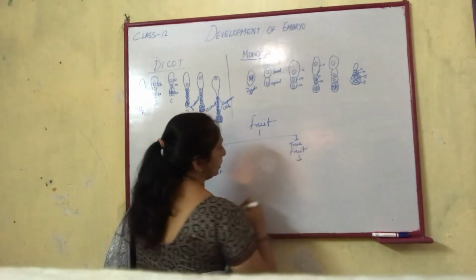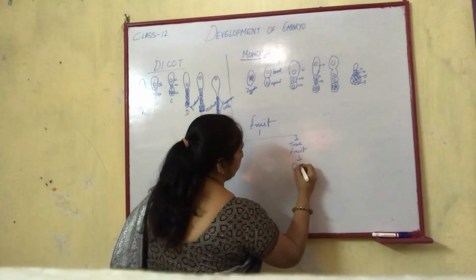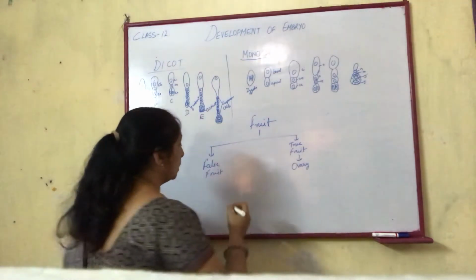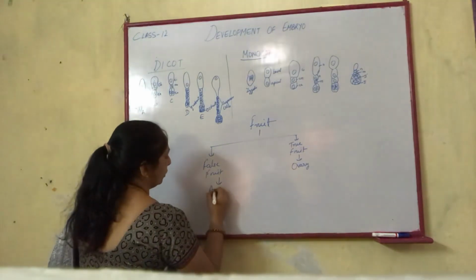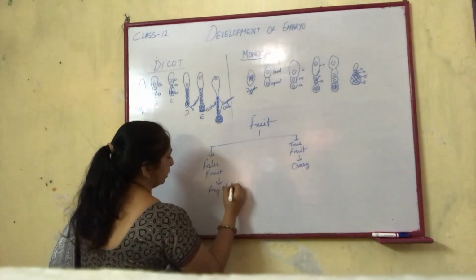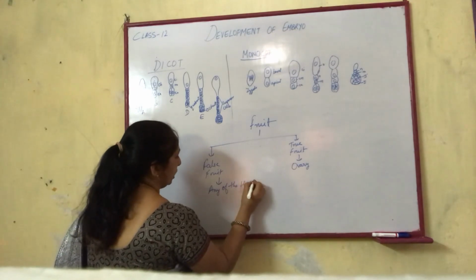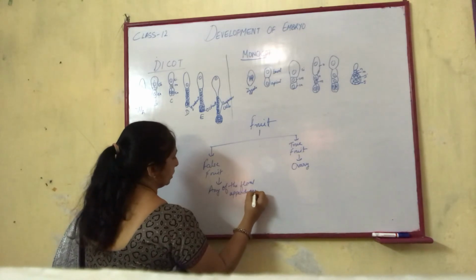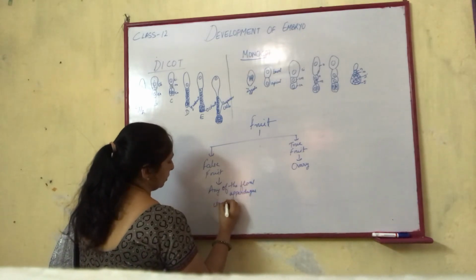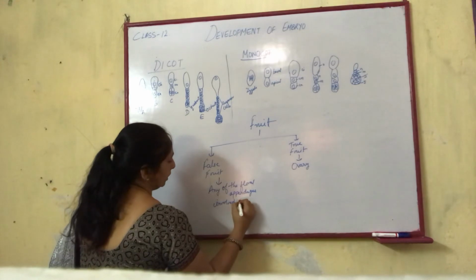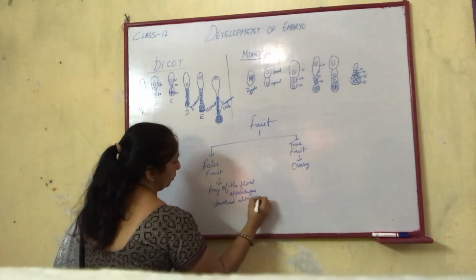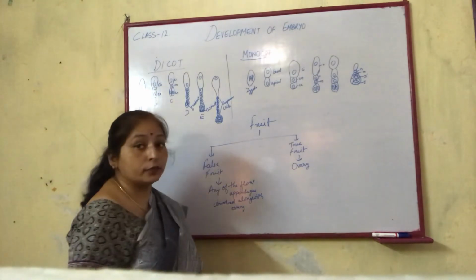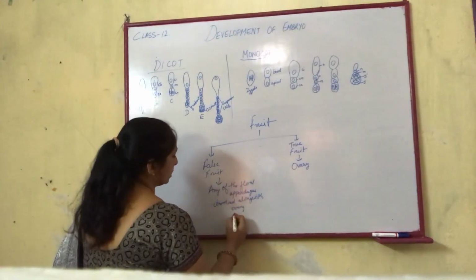If the development of the fruit is only from the ovary, then it is considered a true fruit. While if any of the floral appendages are involved along with the ovary, the resultant is termed a false fruit.